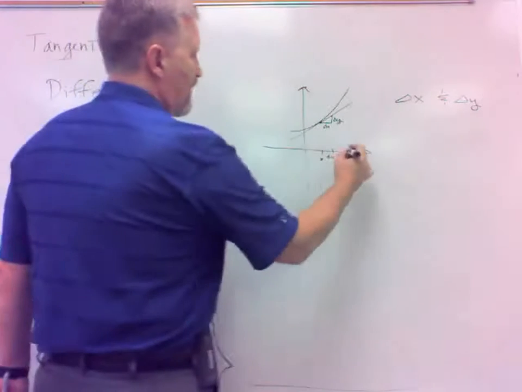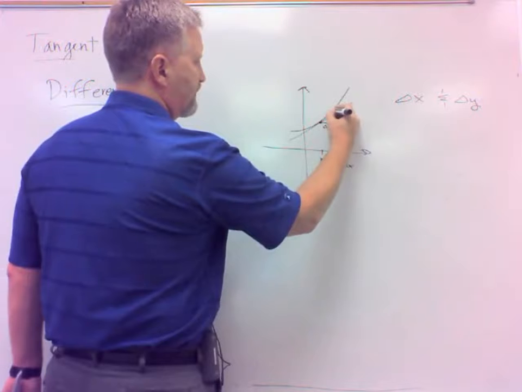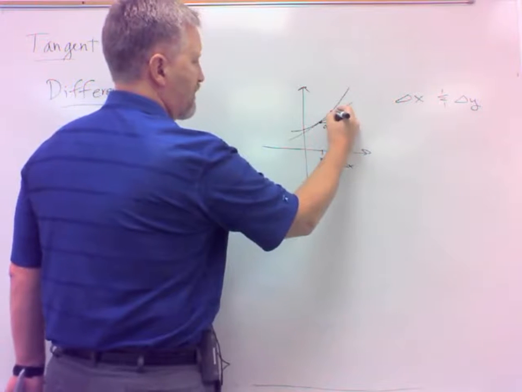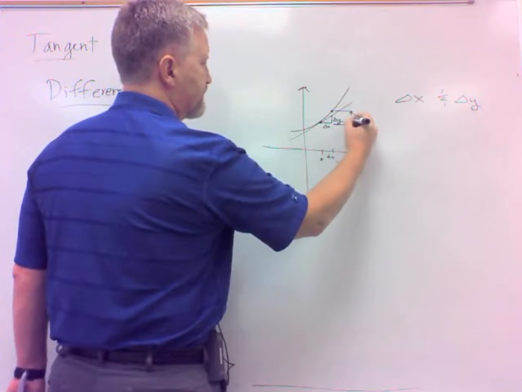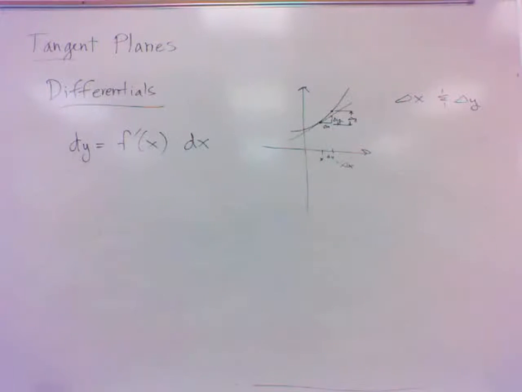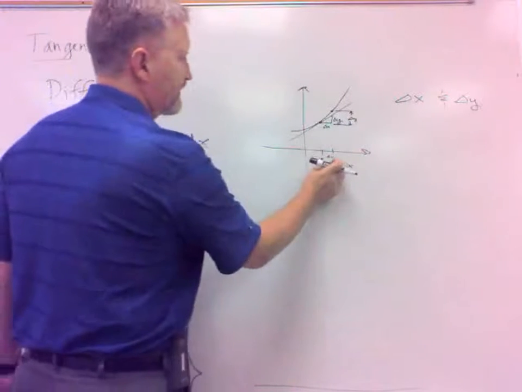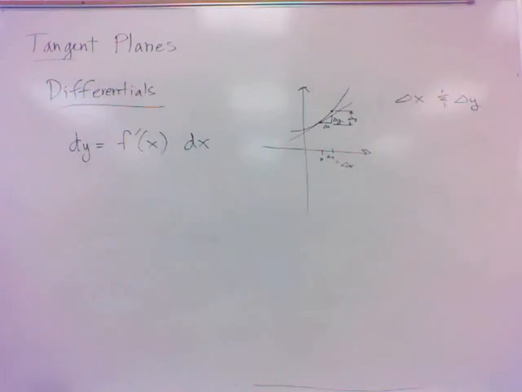The delta y is a little different because we're going from this point now to this point, and so the change in y, the delta y, is a little bit different, but again, if you get smaller and smaller dx, then your delta y and dy are very, very close.